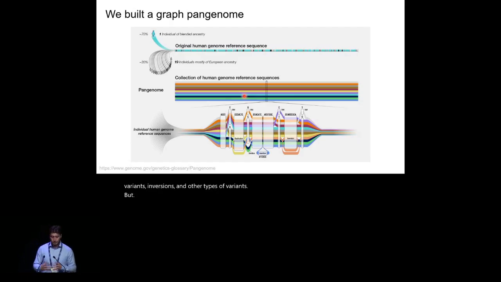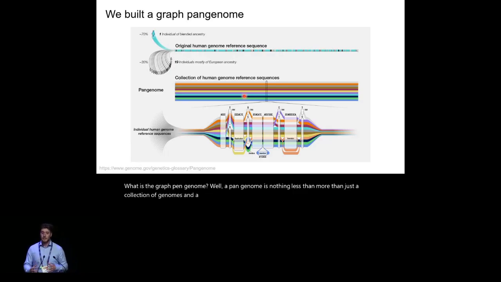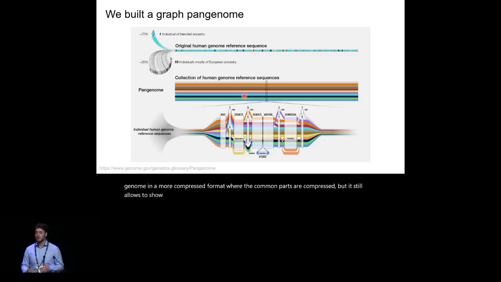But what is a graph pangenome? Well, a pangenome is nothing more than a collection of genomes. And a graph pangenome is a data structure that represents a pangenome in a more compressed format, where the common parts are compressed, but it still allows us to show all the diversity between the different genomes.